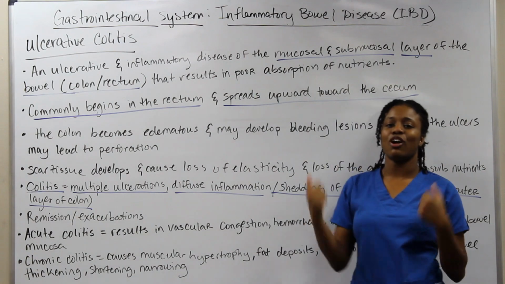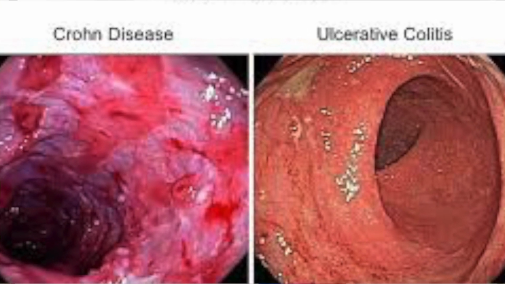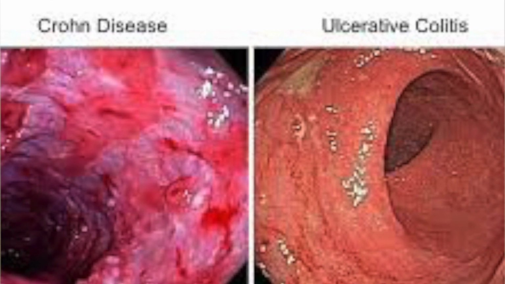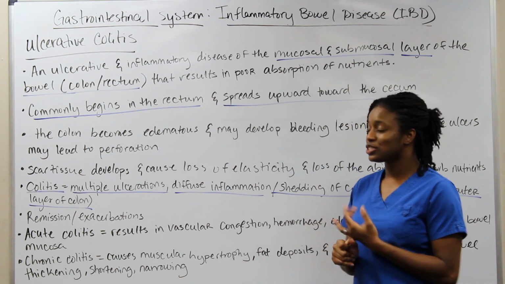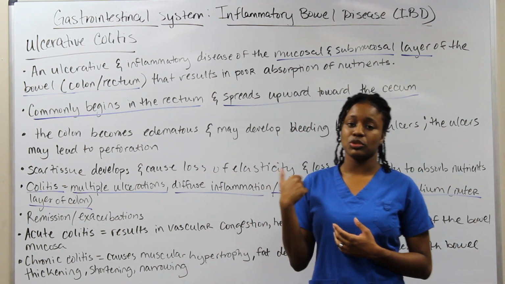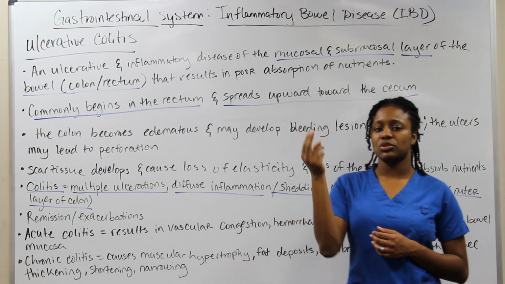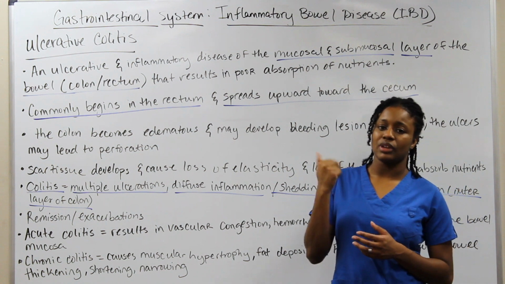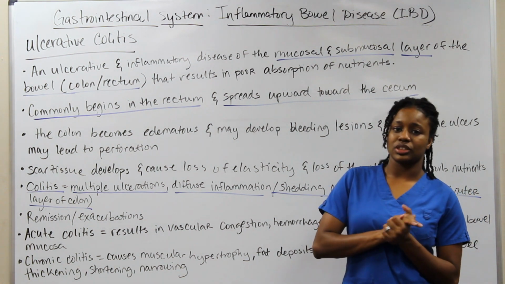Go ahead and talk about ulcerative colitis, because I've been comparing the two, and then you're like, well, you didn't talk about ulcerative colitis. Well, here it is. So ulcerative colitis is pretty much an ulcerative or inflammatory disease of the mucosa or the submucosa. Remember those 4 layers that we had? The first one was mucosa, second one is submucosa, then you have muscularis, and the very last one is serosa.